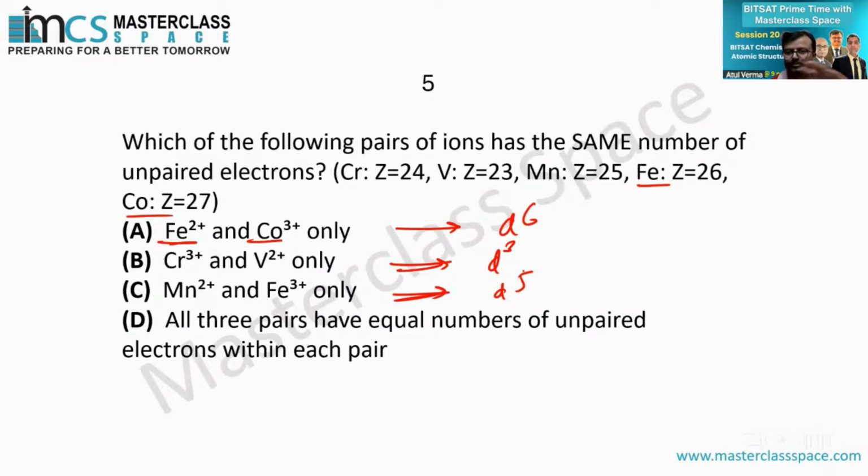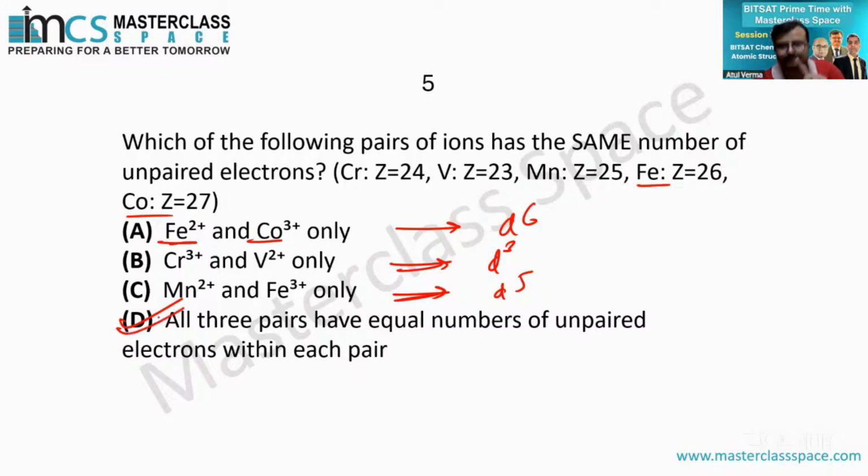So without wasting much time in drawing the entire thing, making the diagram and all, just see the logic that they are talking about adjacent elements and the charge is varying by 1. So that way our answer is going to be option D. Okay, that is the thing.